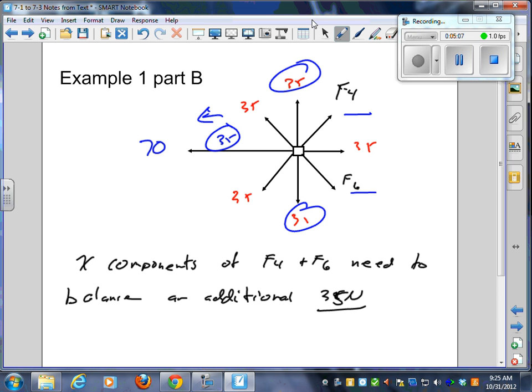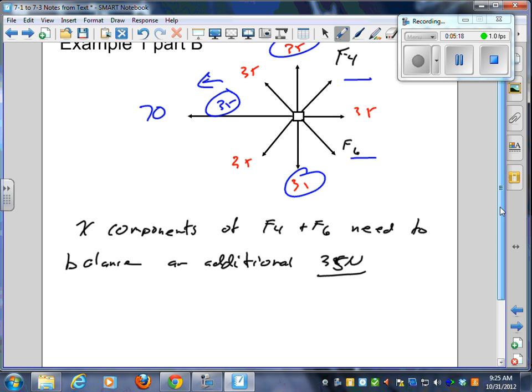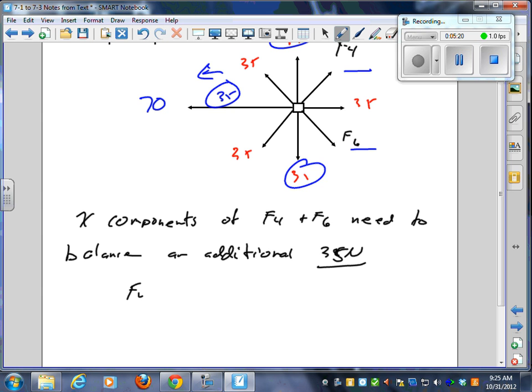Okay, they were already pulling with enough to balance 35, and then the big bully teacher started pulling with more. So they need to come up with an additional 35 newtons of horizontal force between the two of them. So in other words, F4x plus F6x have to be equal to 35, the additional force.